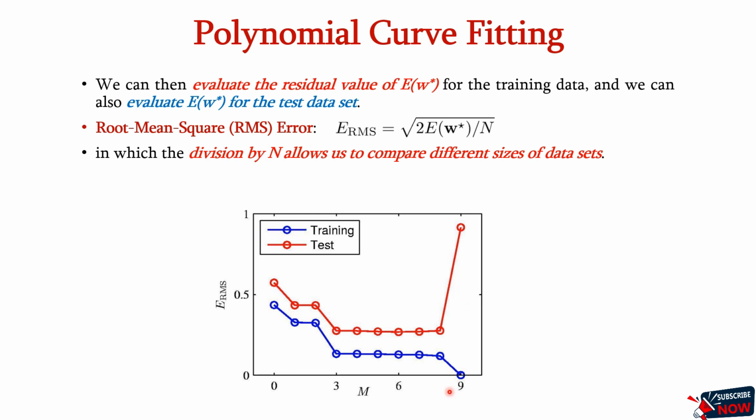We can see that the error increases as the degree of the polynomial increases for the test data and it decreases for training data. So this indicates that for a higher degree polynomial, the model overfits the training data and it is not giving a good representation for test data. So from this we can understand that we should choose a moderate degree of polynomial so that we can get the best fit for both training data as well as test data.